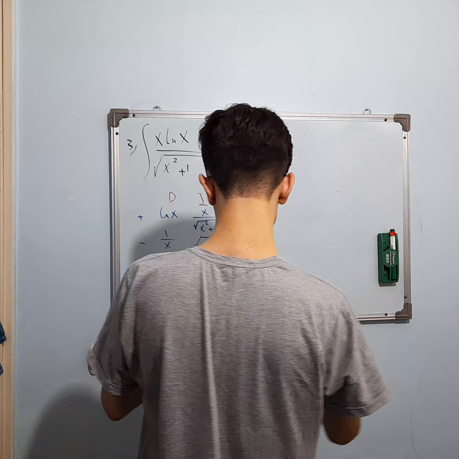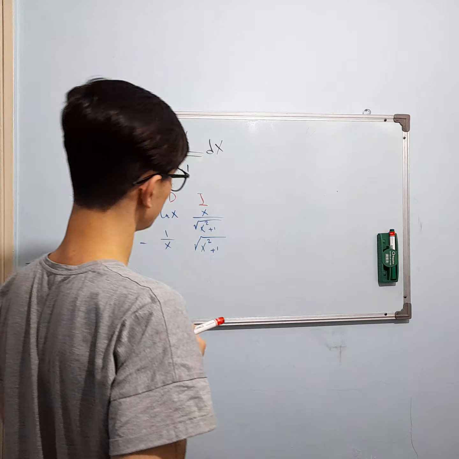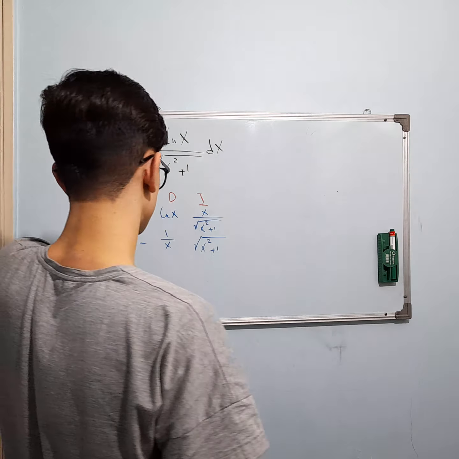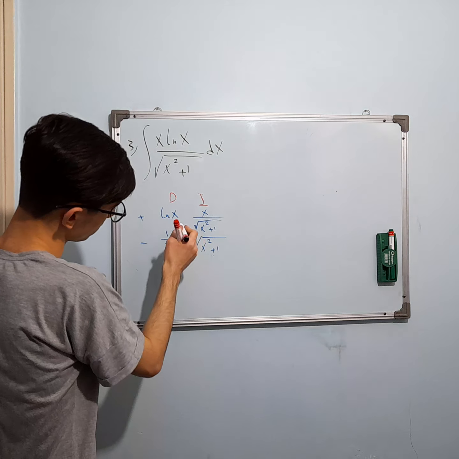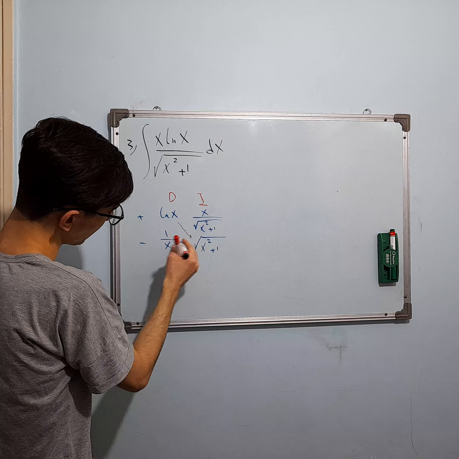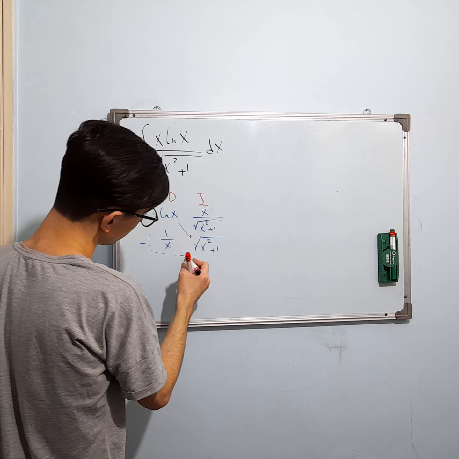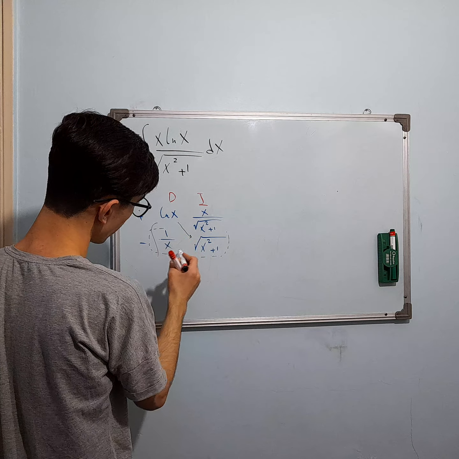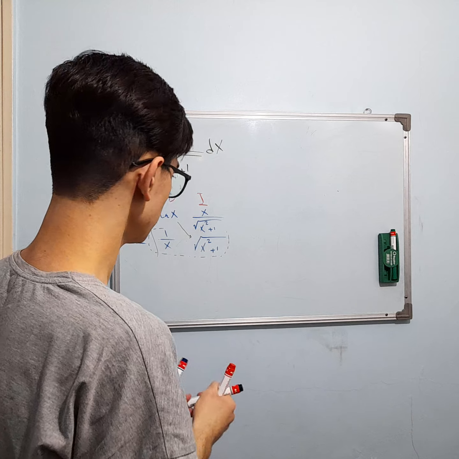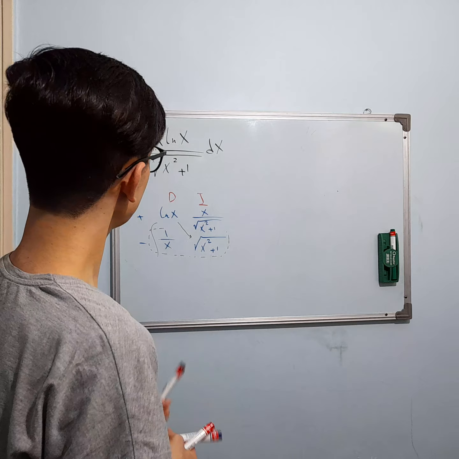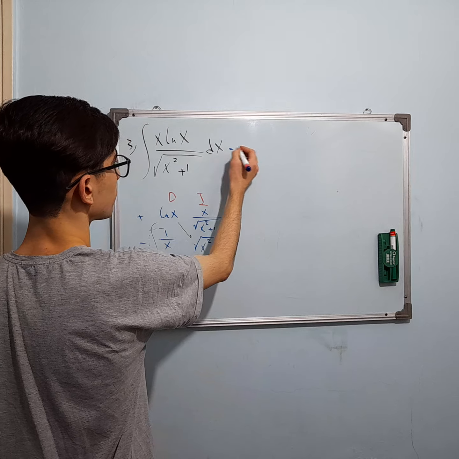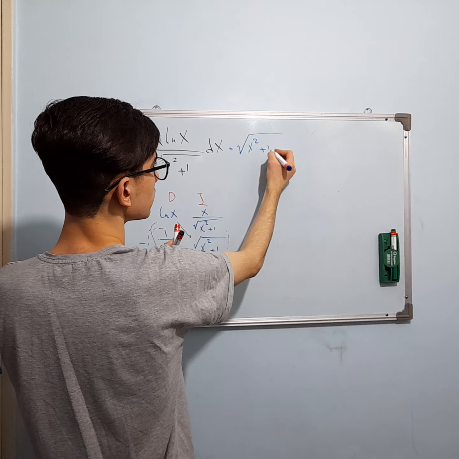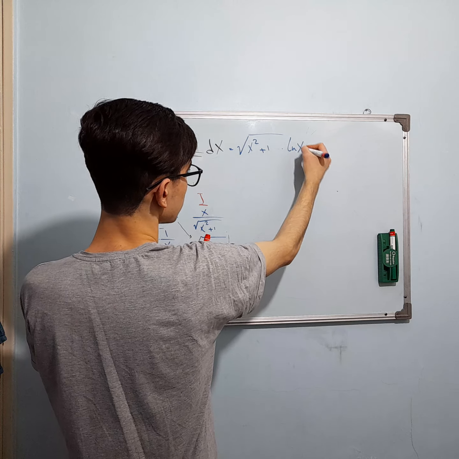So now, after differentiating and integrating in integration by parts, we must multiply these and count the integration of this row. First, here we have square root of x squared plus 1 times natural logarithm of x.